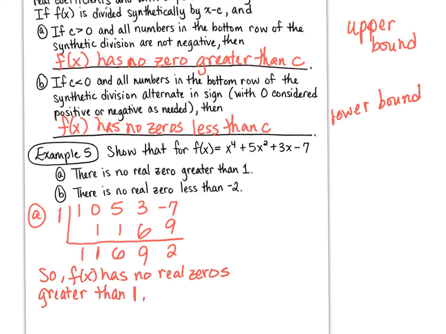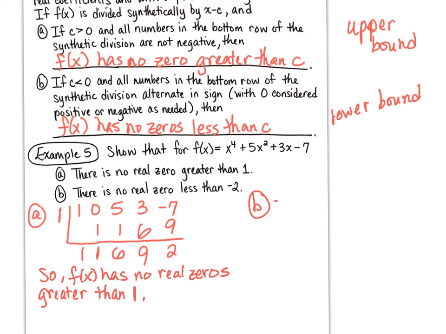So in other words, 1 is an upper bound. Part B, what do you expect to see in the bottom row? They all alternate sign. Good, they're alternating in sign.